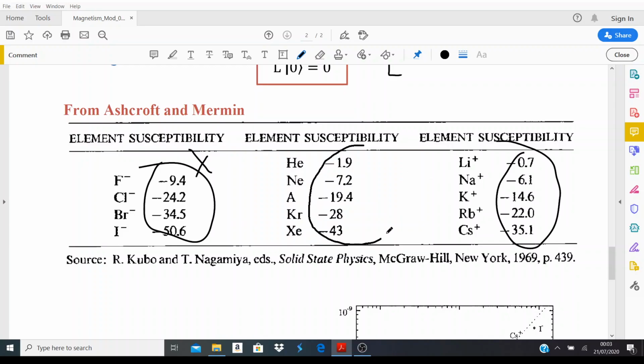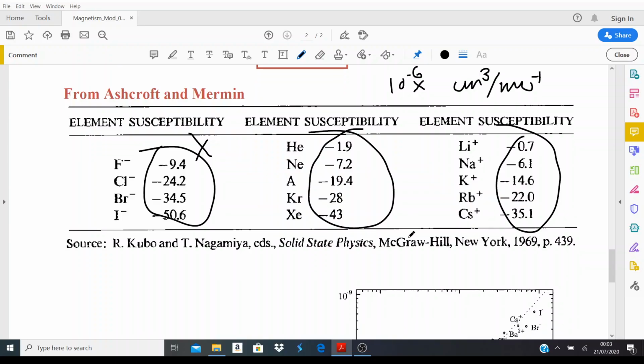So these are all susceptibilities, and I believe the unit is centimeter cubed per mole. So this is the unit in which these data are given. You can derive this or experimentally measure the diamagnetic susceptibilities of these materials.